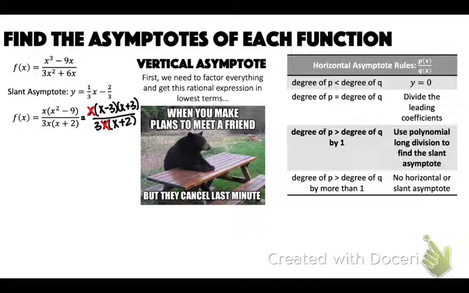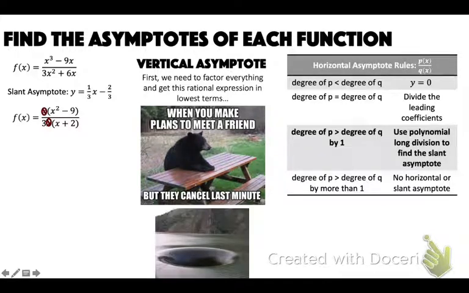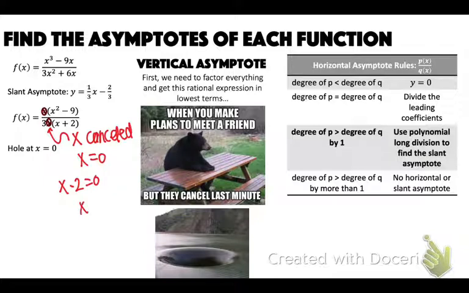So we have a hole at x equals 0. Since it was an x that canceled, we can say x cannot equal 0. If it was an x minus 2 that canceled, the hole would be at 2. So we have a hole at 0.